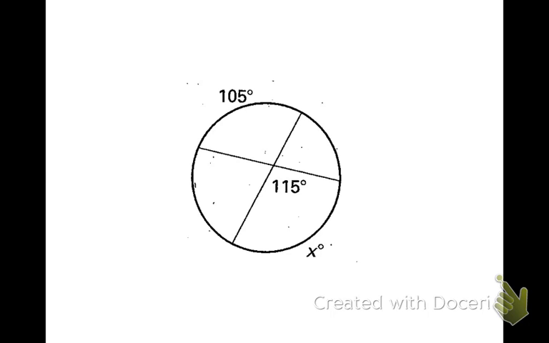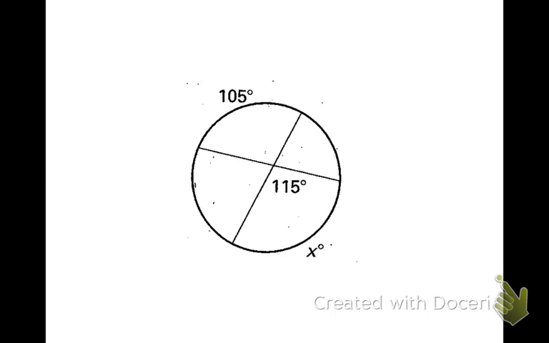105 plus 115 divided by 2. No. We don't add the angle and the arc. Abby? You multiply 115 times 2. You get x. No, it's 105 minus x. Right? Logan, you're close. 105 plus x divided by 2. Yes. It's plus.